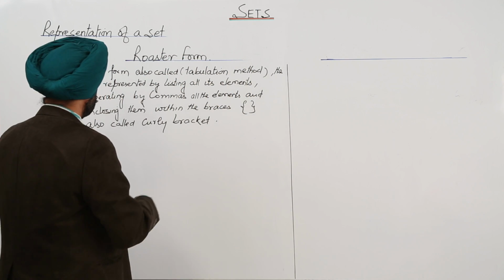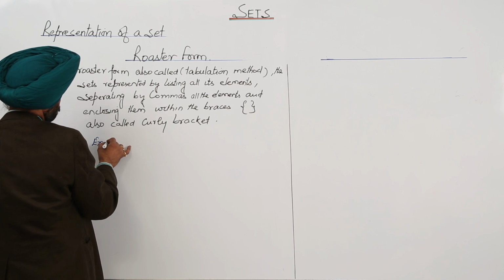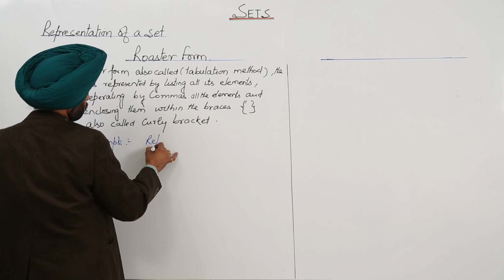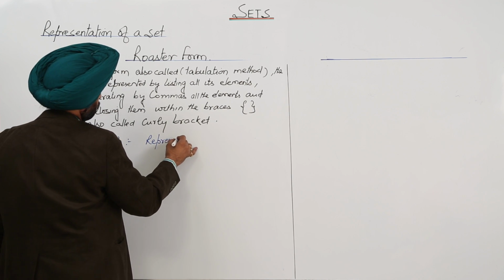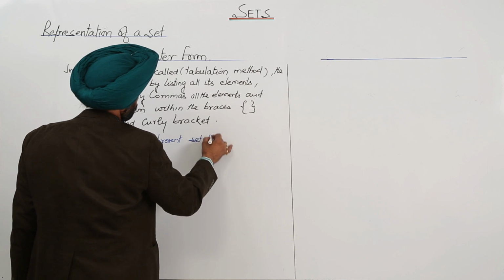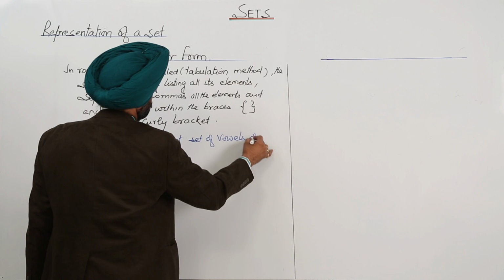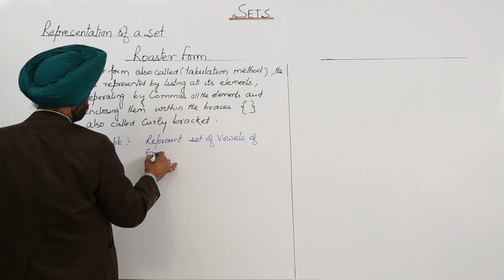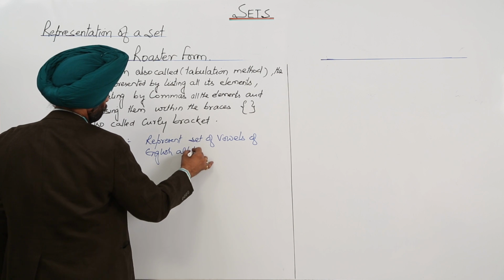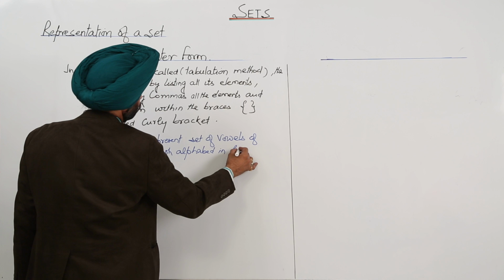Okay, so now example. Example: represent the set of vowels of English alphabet in roster form.